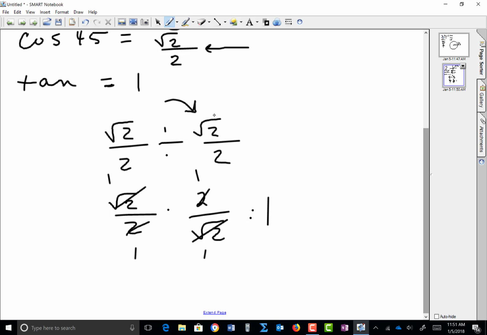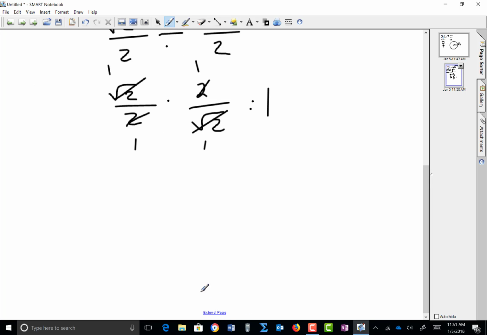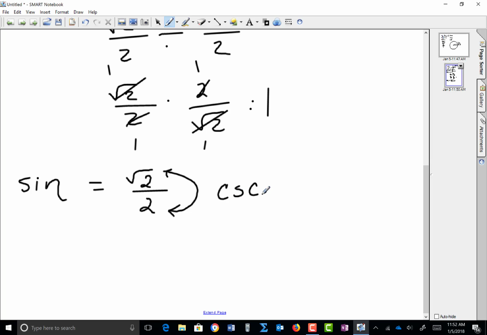So the other 3 are reciprocals. So whatever you have for sine, you flip it. So the sine of the 45 degrees we said was square root of 2 over 2. And if we flip that, that would give us cosecant. So cosecant of the 45 degrees is 2 over square root of 2.